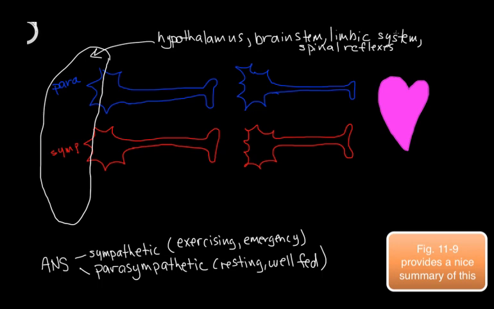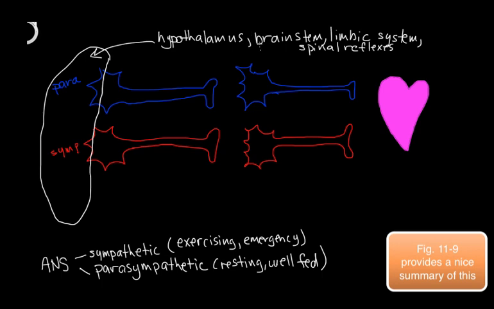So you'll notice that we have the autonomic neurons arranged in pairs with the parasympathetic branch and the sympathetic branch, and we've put on there a target tissue, which is the heart, which is shown in pink. So the area where the first set of neurons synapse with the second pair of neurons is called the ganglion.